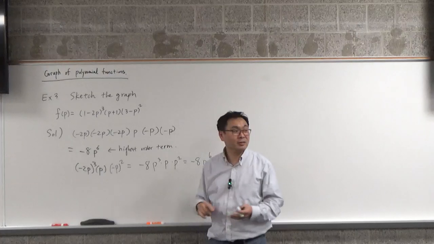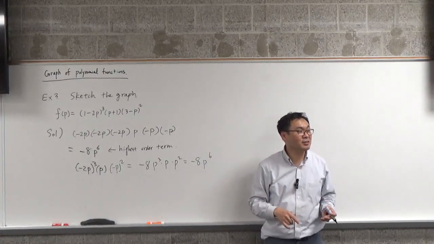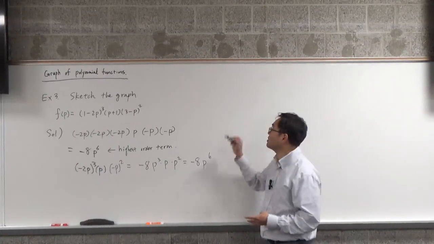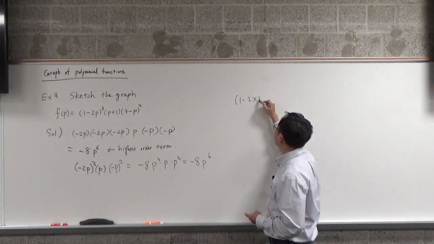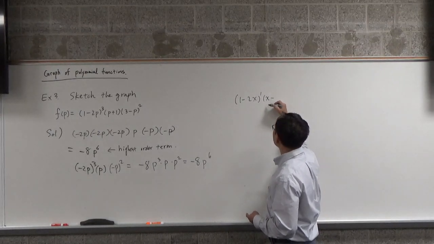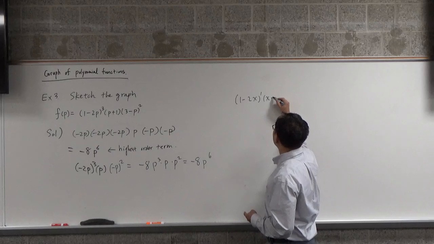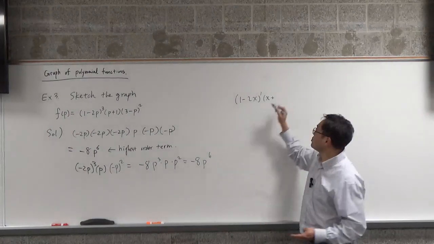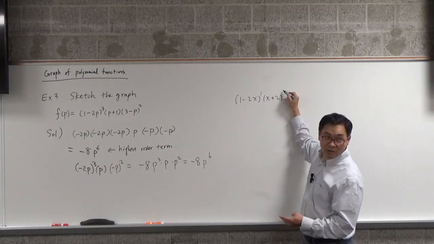How come for the last example, negative 2x, then x squared, and x to the 4th would be multiplied as negative 2x? What was this one? X plus 2, to the 2nd power?